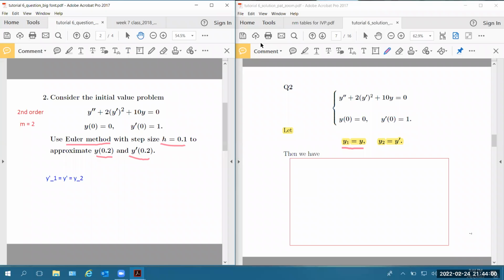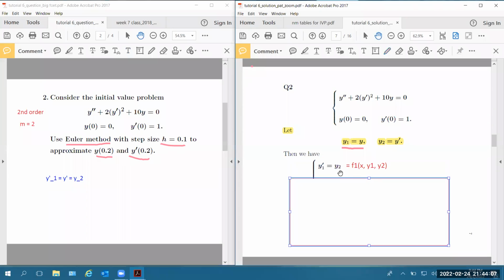This is my first equation, and you know how I did it. I will call this function 1, and the arguments are x, y1, y2.